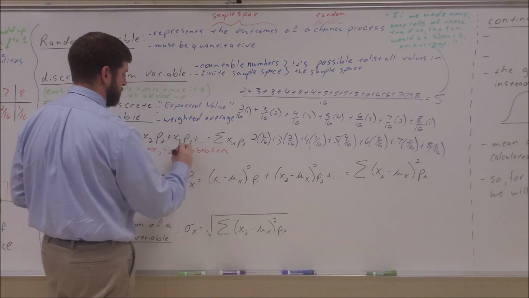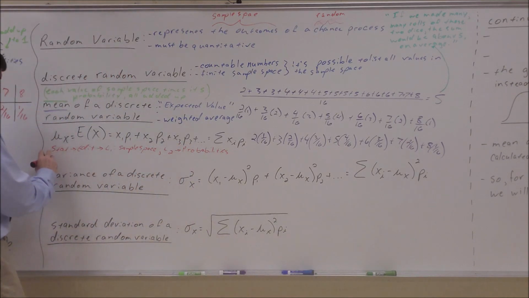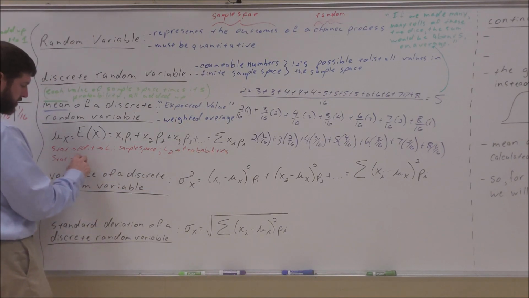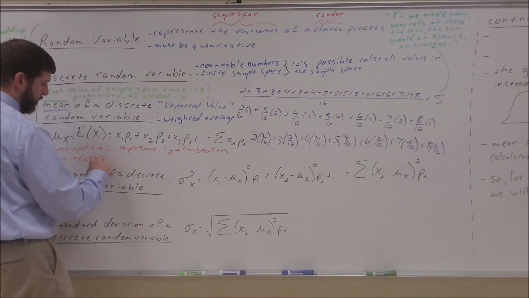Sample space in L1, probabilities in L2. Now, if I want to get my mean, we know we get means from one of our stats. So I'm going to go to stat calc and grab one of our stats.